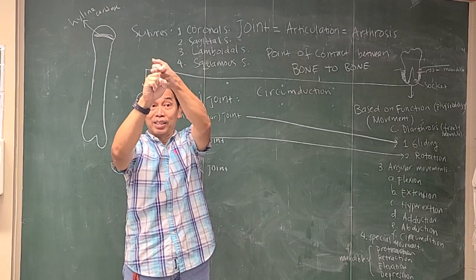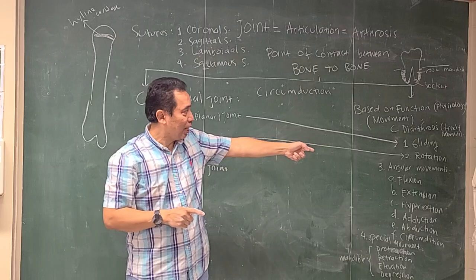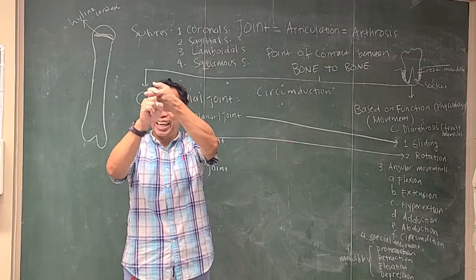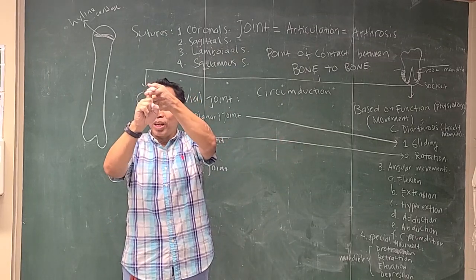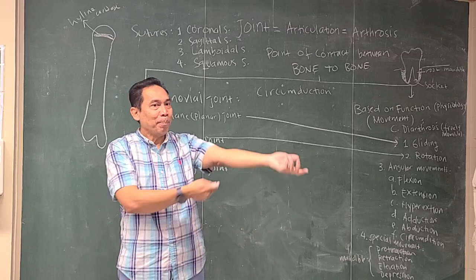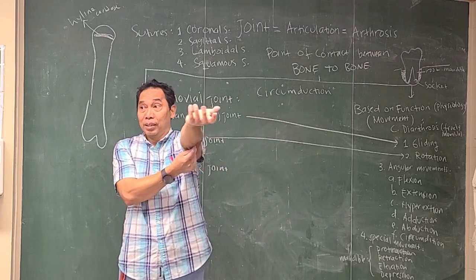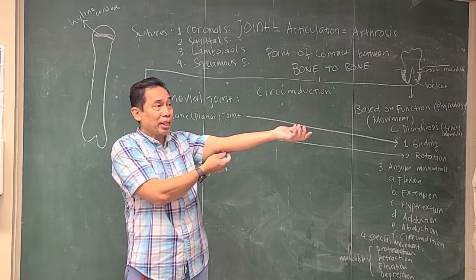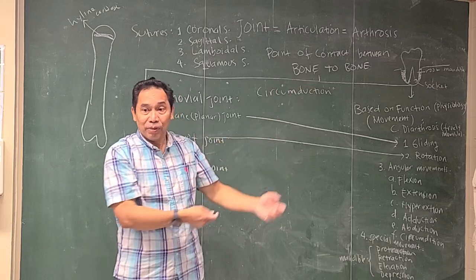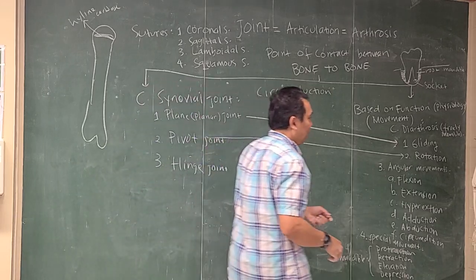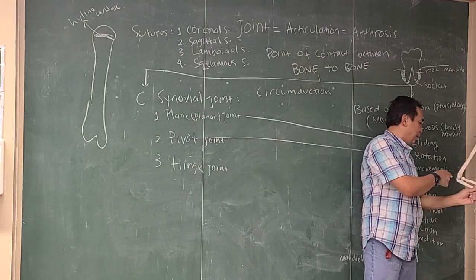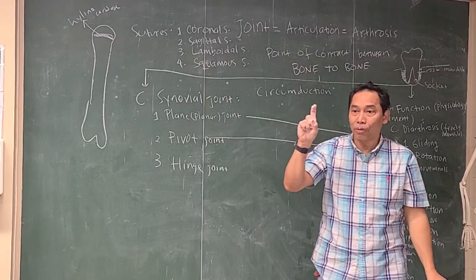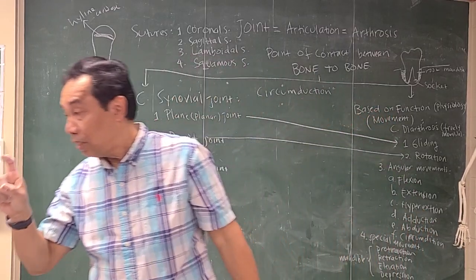That's hinge, just like the hinge on the door. That's called a hinge joint. What type of movement is it going to be? For example, the elbow joint is actually a hinge joint. If you see the bone, it has a hook.